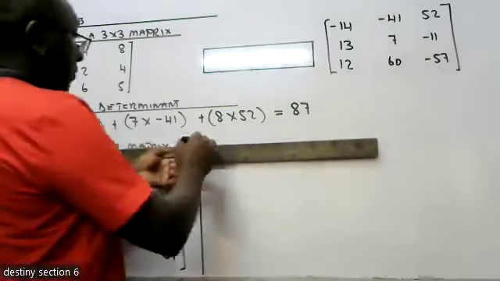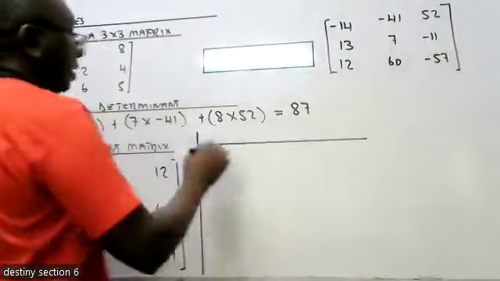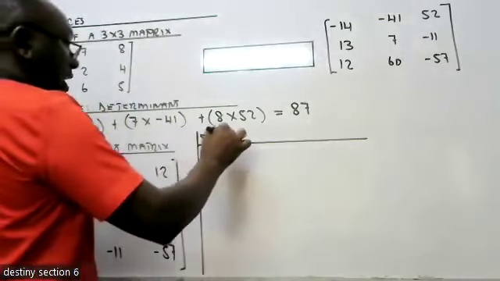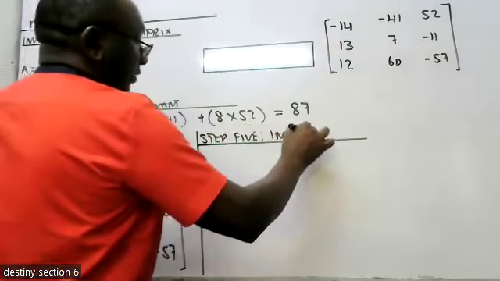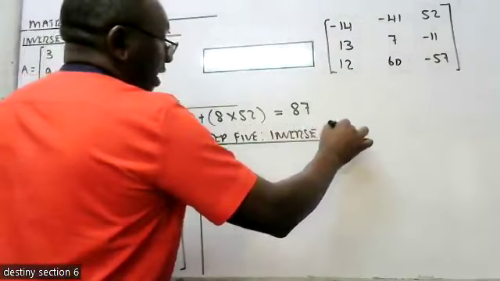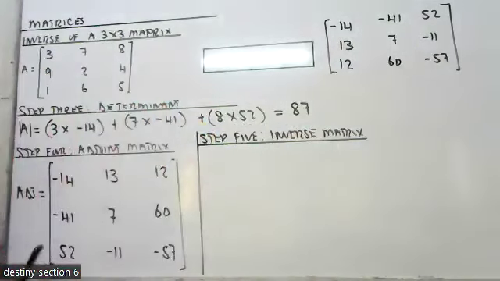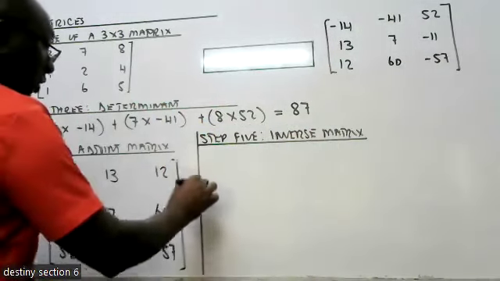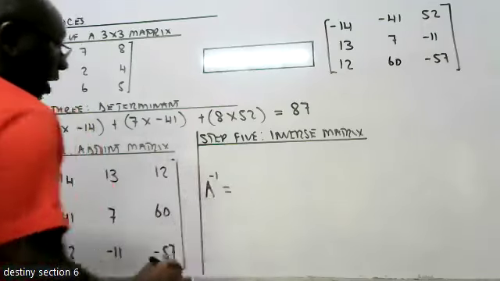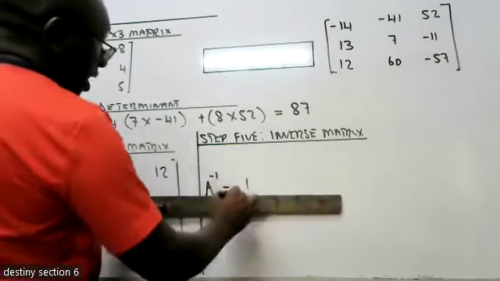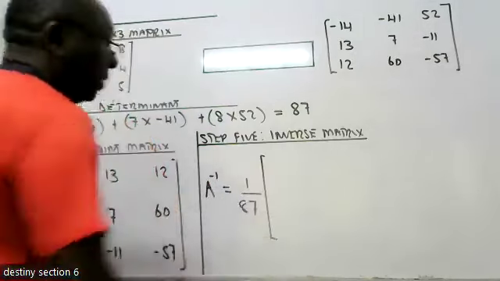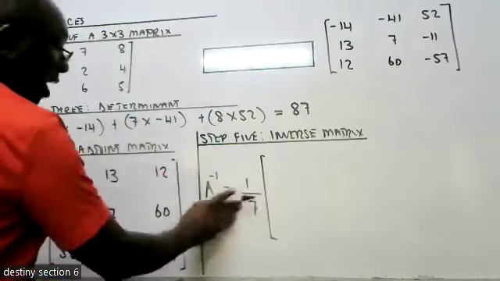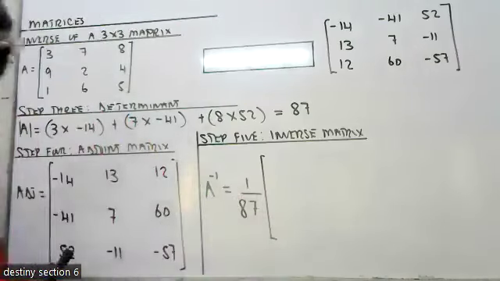And the last step, step number 5, is now to get the inverse matrix. So the inverse matrix, as you can see in your notes, is 1 out of the determinant, so 1 out of 87, multiplied by the adjoint.